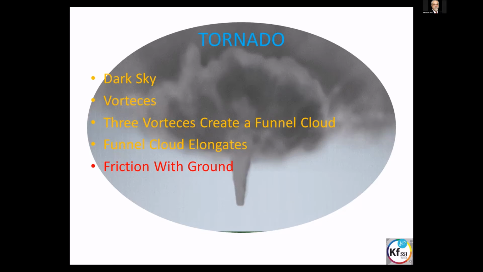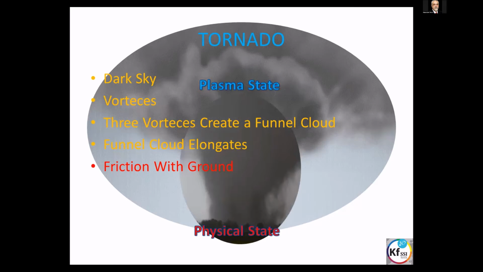And so this funnel cloud elongates from the cloud down to the ground. And it isn't until it gets in contact with the ground that we see the friction. What I'm going to say here is that the creation of the funnel cloud is a plasma state. The creation of the friction is a physical state.